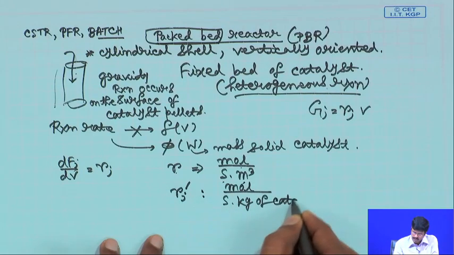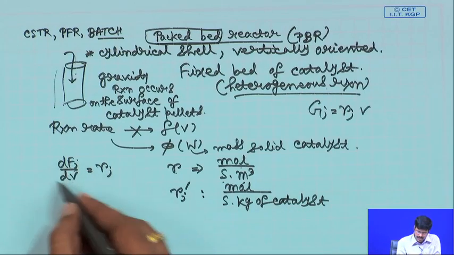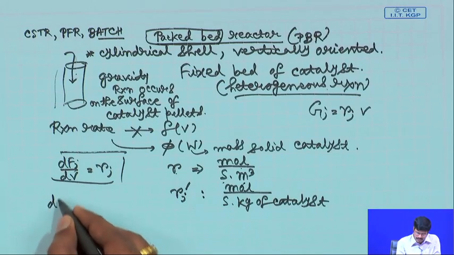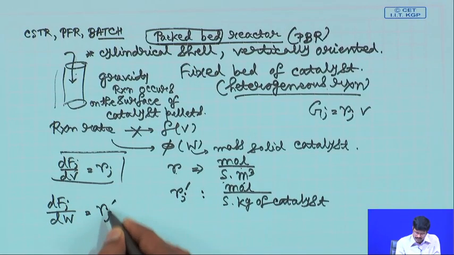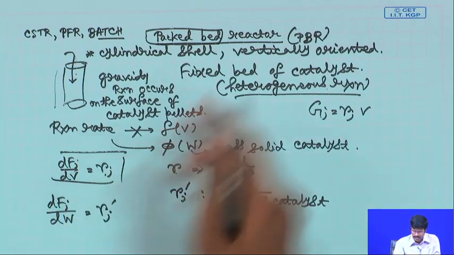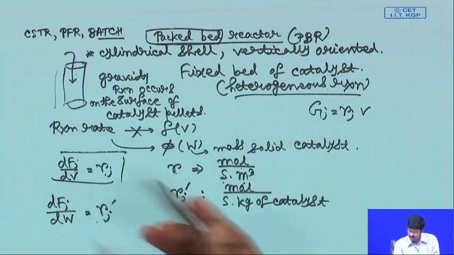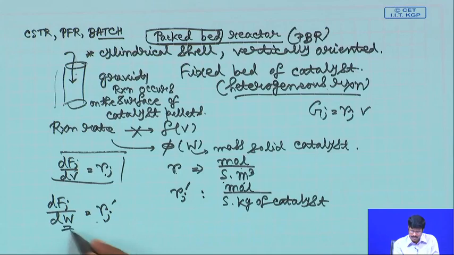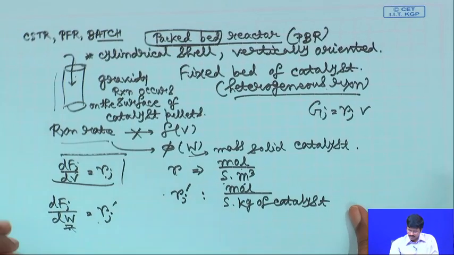Instead of meter cube, you have a kg, the weight. So, your design equation will become dFj/dW equals Rj prime, just to differentiate it. In general, when writing the design equation, you can just write Rj, but overall, W is the weight of the catalyst, and that is why it depends not on the volume. The reaction rate actually depends on the weight of the catalyst.